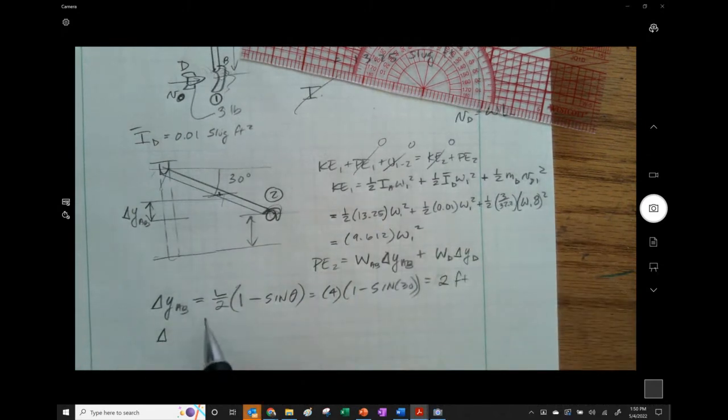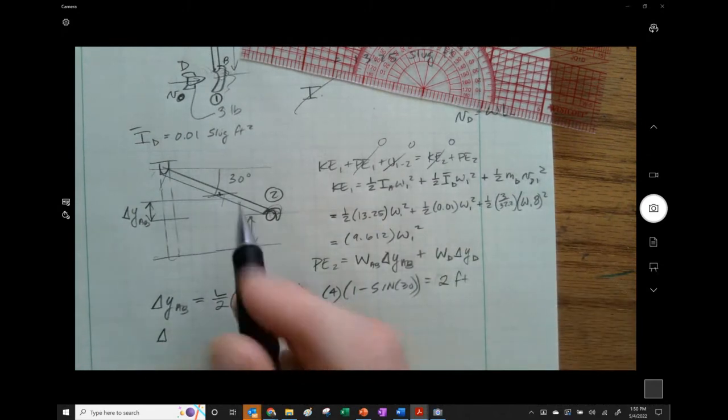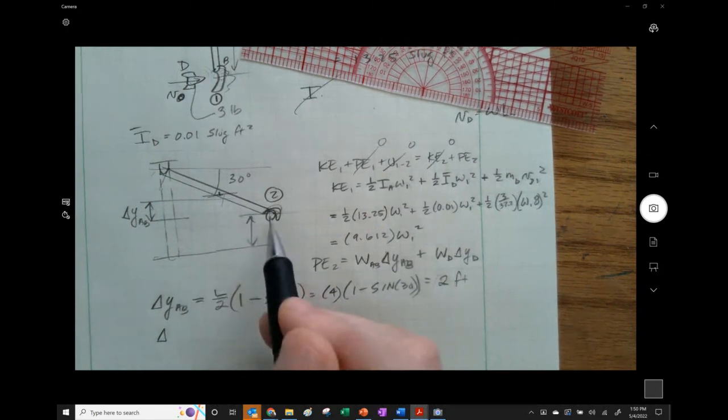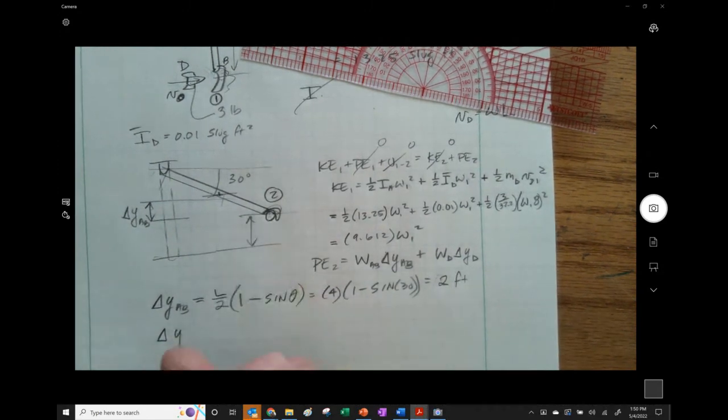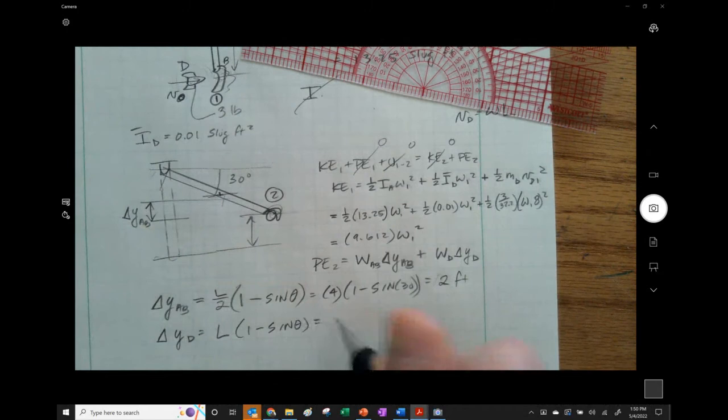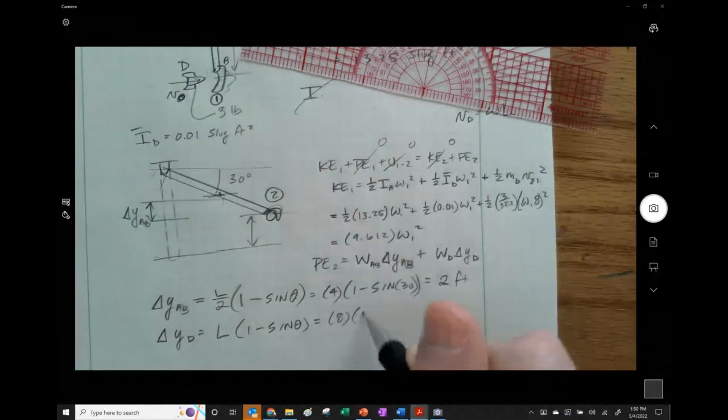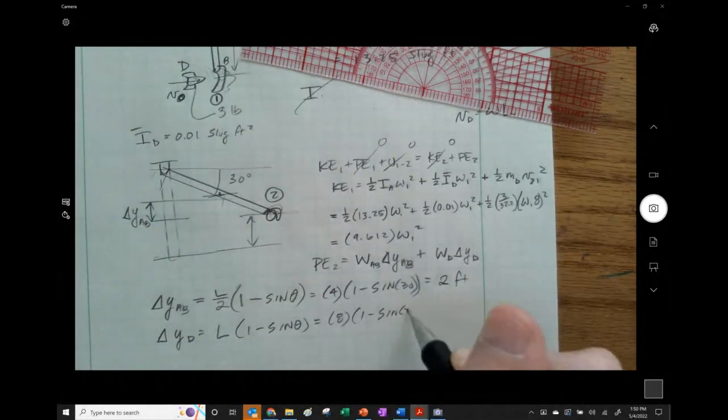And then this one shouldn't be all that much difference. YD is just going to be L, and then 1 minus the sine there. So that's just going to be 8 times 1 minus sine 30.